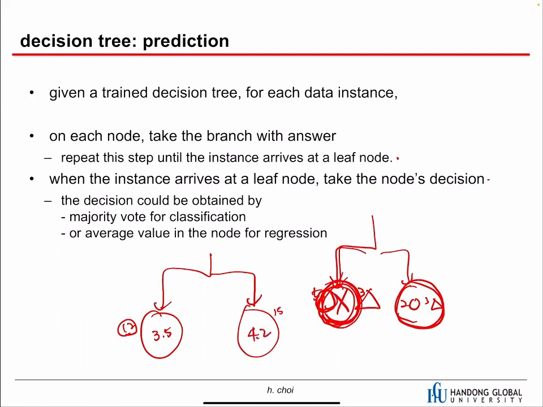Then with each new data sample, we can follow the branch, and if we are here, then we can simply take 3.5 as the regression result. Okay, so prediction is quite simple, just follow the branch.